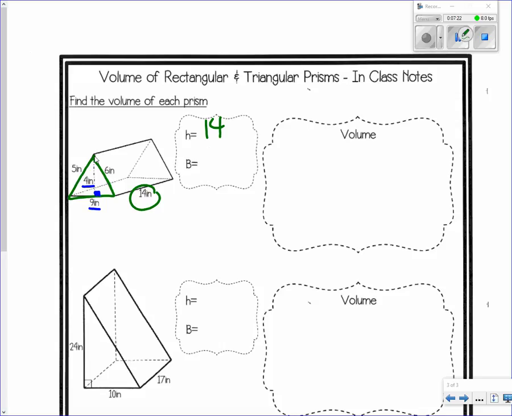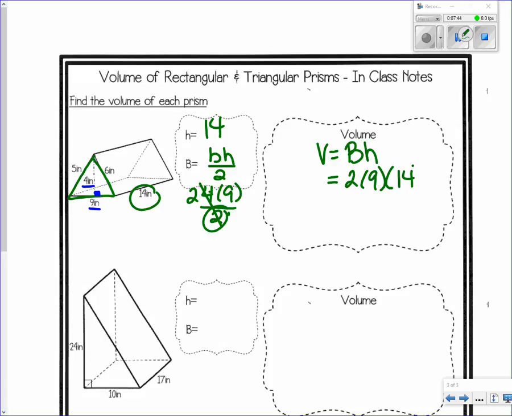So it's base times height divided by 2. So it's going to be 4 times 9 divided by 2. My 2 and my 4 will cancel. That leaves me with 2 and 9. So volume equals big B times H. So my big B was going to be my 2 times my 9, because remember, my 2 canceled with my 4 over here, times my height of 14.